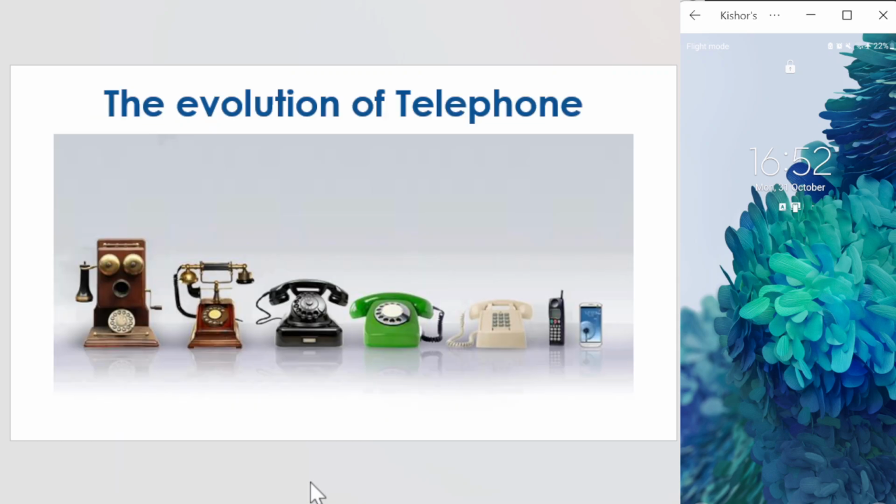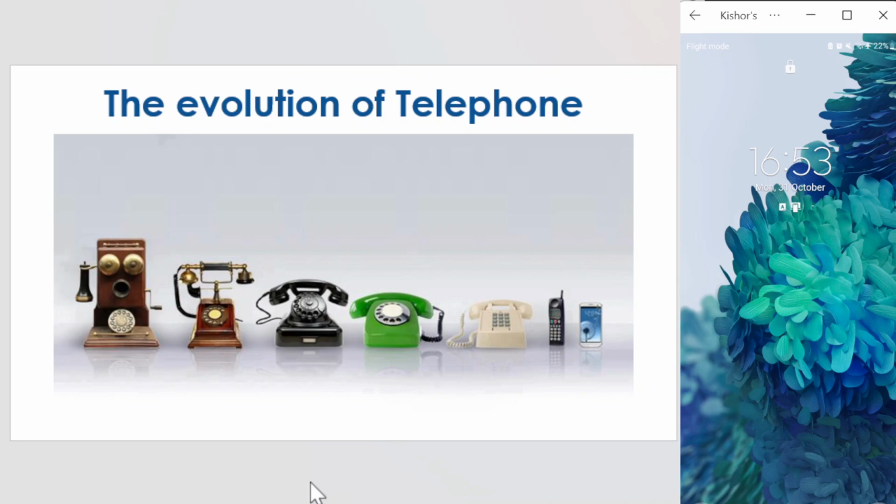So let's go ahead. This is basically how the evolution of the telephone happened. You might see that the leftmost picture is the oldest telephone one could have, and the rightmost picture is today's smartphone. In earlier phones, it was just used for making calls, long distance calls.